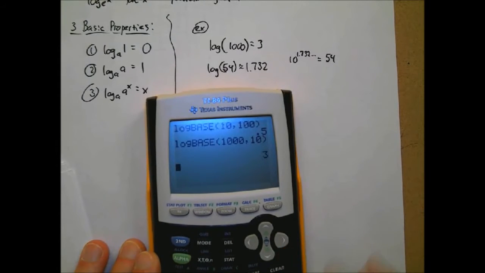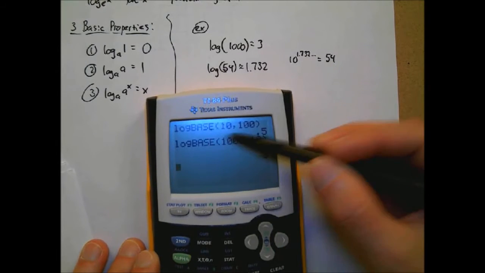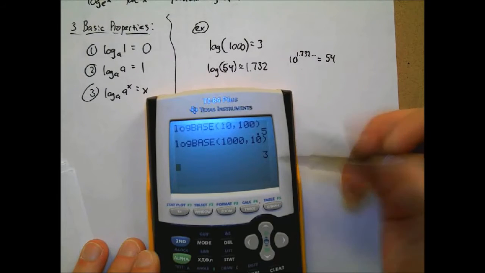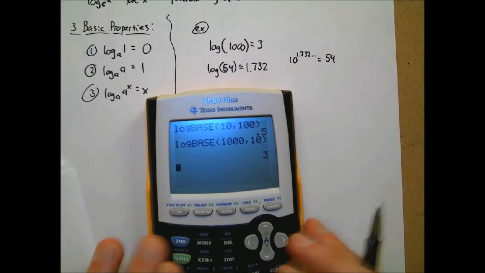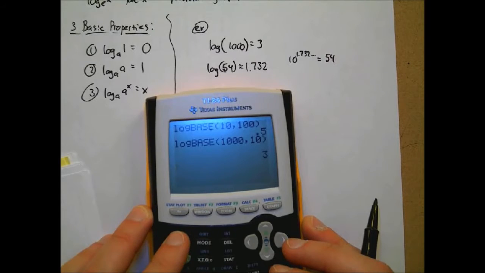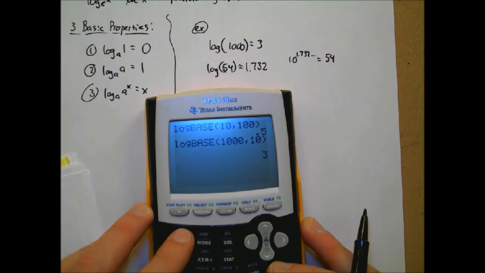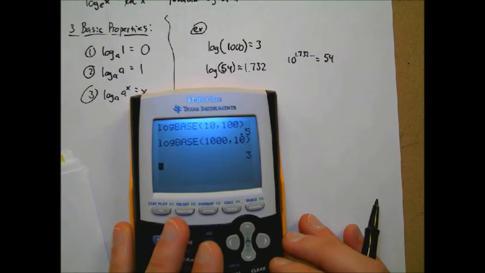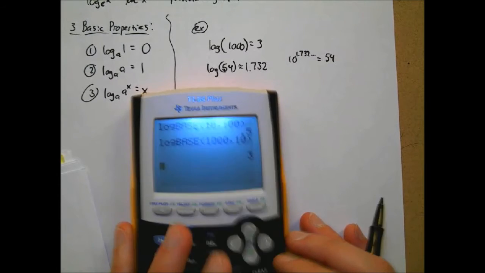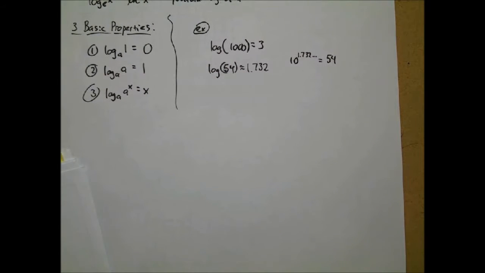So log of 1,000 base 10 gives you 3. That's kind of weird formatting. I wish they would put the 10 first. Anyway, that's if you want to use your calculator.